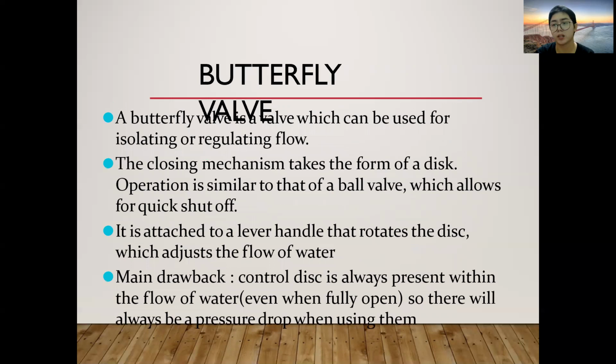Butterfly valve. So there's a lot of valves, and it depends on the situation, or it depends on the factors that the piping has.